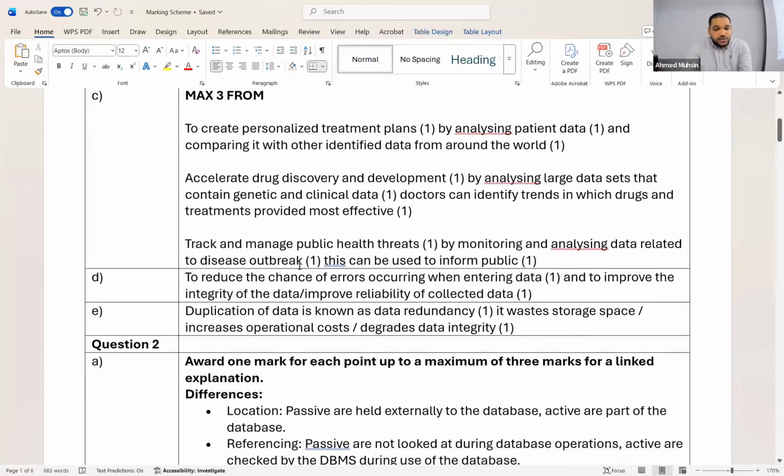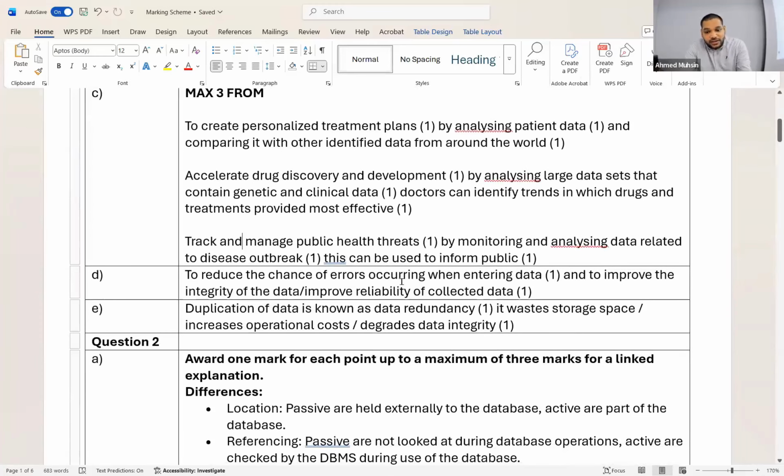What has he said? To reduce the chances of errors occurring when entering data, and to improve the integrity of data, improve the reliability of collected data, so you can trust it more. He has accepted the word integrity, he has accepted the word reliability here. Everybody okay with this? Right, let's have a look at the next one.